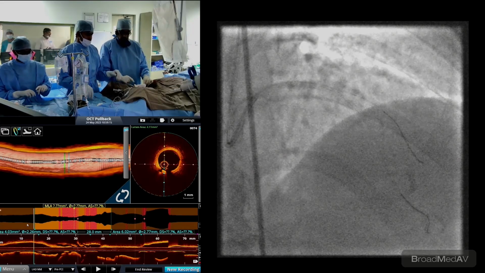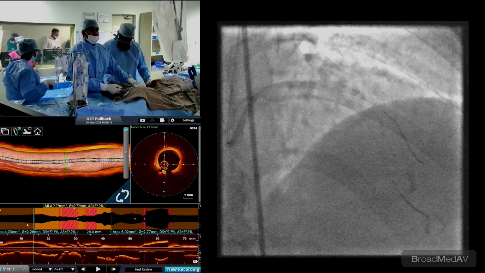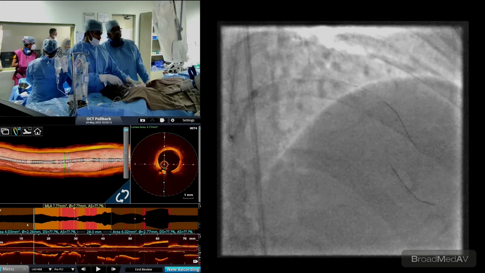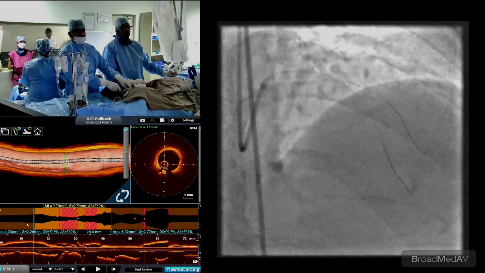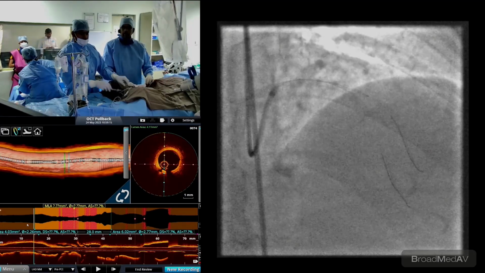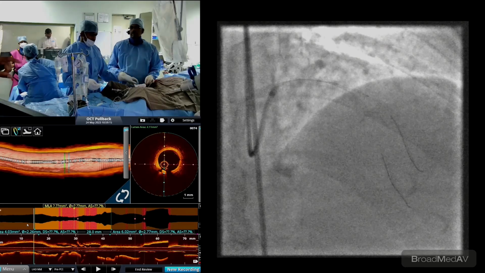Yeah, that's good. There is some compromise of the flow. Anyway, I think we'll do the POT. After that, we'll decide what to do. We'll take one image in LAO caudal and see.